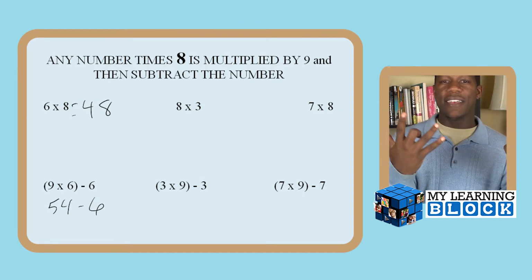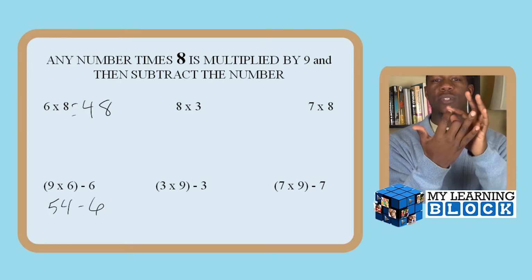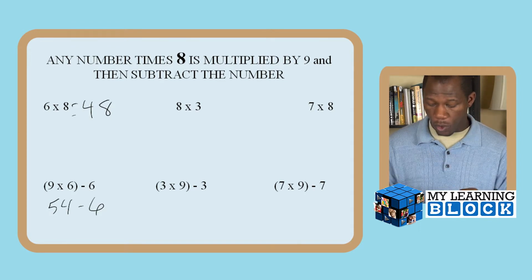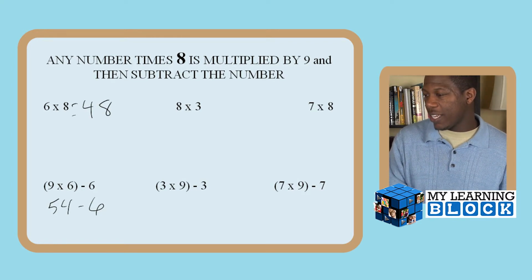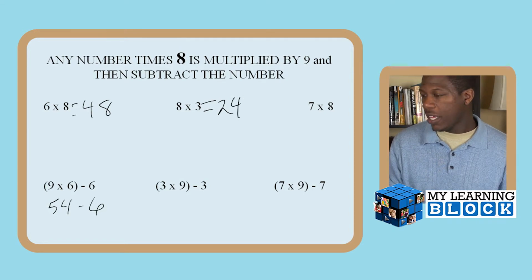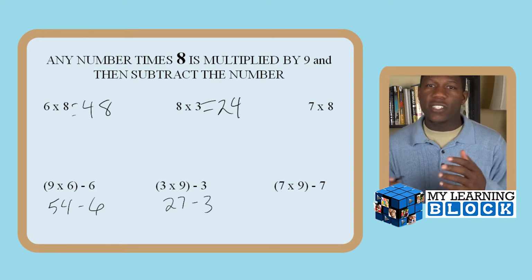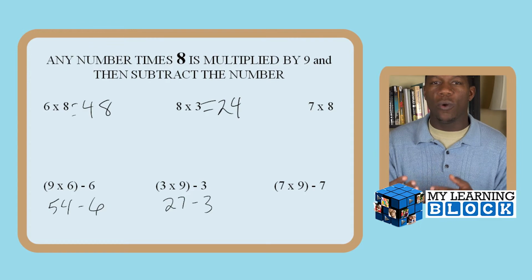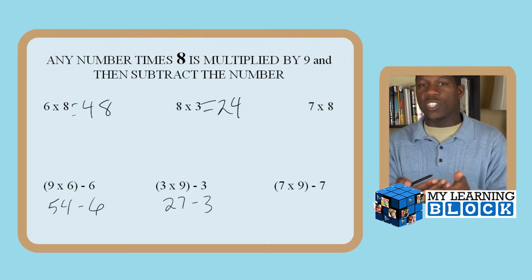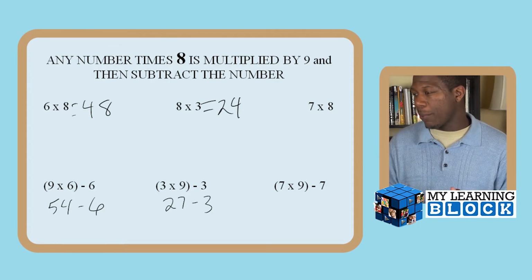So 27, 26, 25, 24. Therefore 8 times 3 equals 24, because 9 times 3 gave us 27, and then we subtracted 3. Now this is the whole thing about multiplication. It is repeated addition. So in this sense, we're just subtracting, which is the inverse operation.